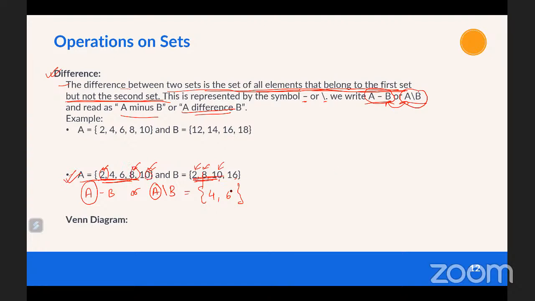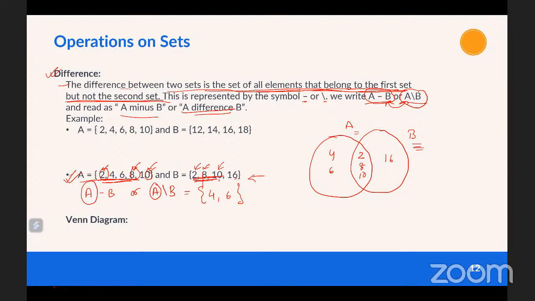If you see this in a Venn diagram, it will be very clear to you. We have a set A and a set B, okay? And the set A contains elements 2, 4, 6, 8, and 10, okay? And the set B contains 2, 8, 10, and 16. Now we are subtracting this set from this set, and this is not a technical term. I am using this to explain you.